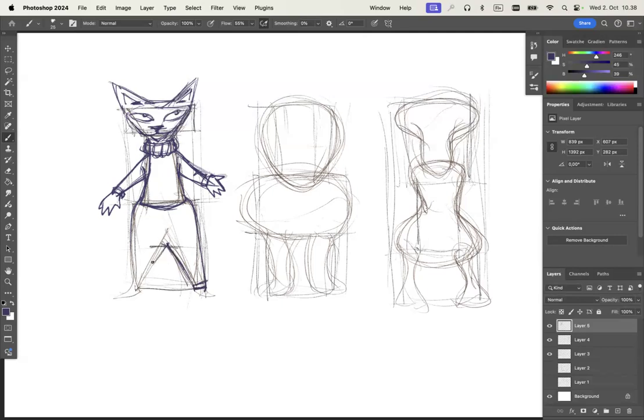Yeah, I think this kind of pants would work here. And yes, it's a cat, so it should have also some kind of paws here. Try to keep the tail spiky also.